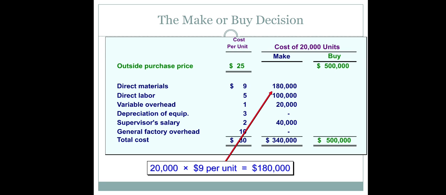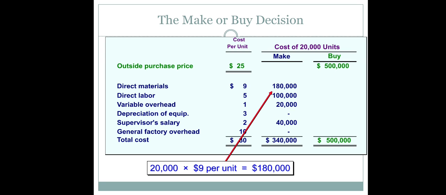From the cost data in column number 2, this is the cost of making the part 4A: direct material $9 per unit, direct labor $5 per unit, variable overhead $1 per unit, depreciation equipment $3 per unit, supervisor salary $2 per unit, general factory overhead $10 per unit. That is per unit data.